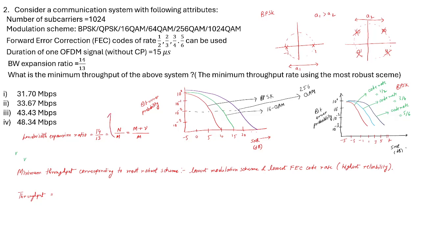Where this M is the number of data bits and gamma is the number of redundant bits. So introducing these redundant bits in your data stream is going to expand your bandwidth that you need to transmit the naked data stream.